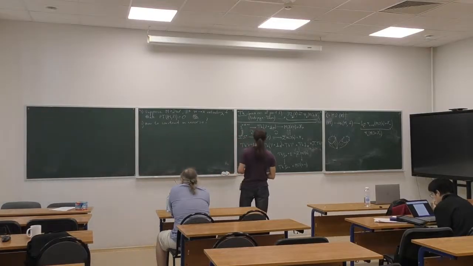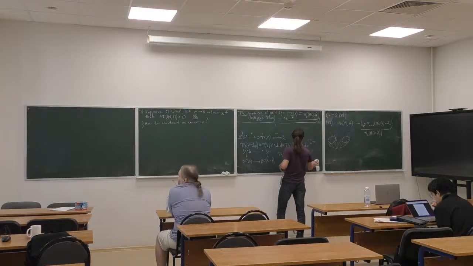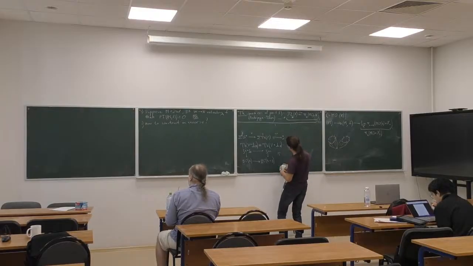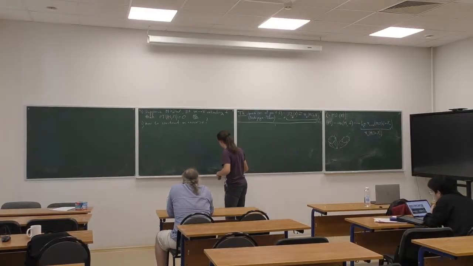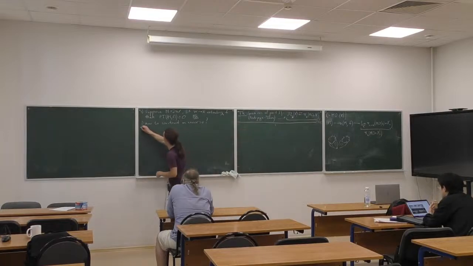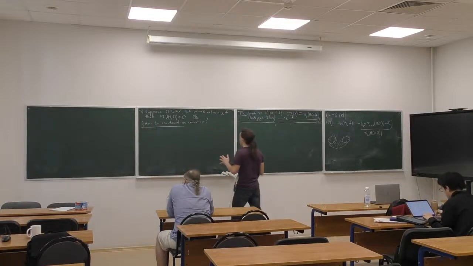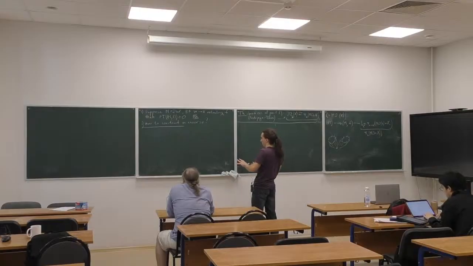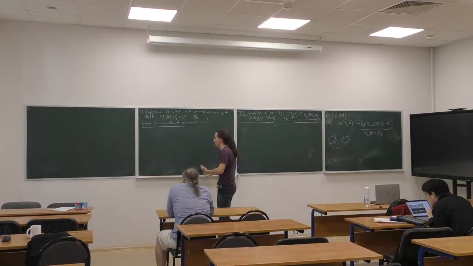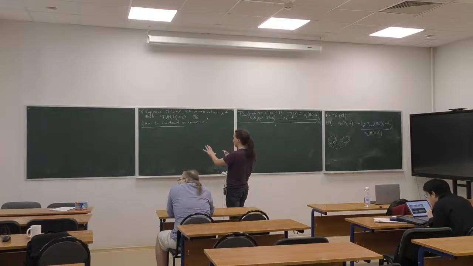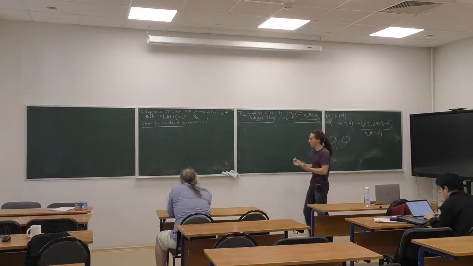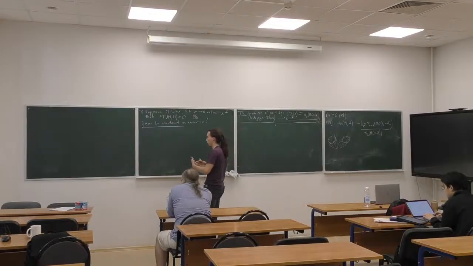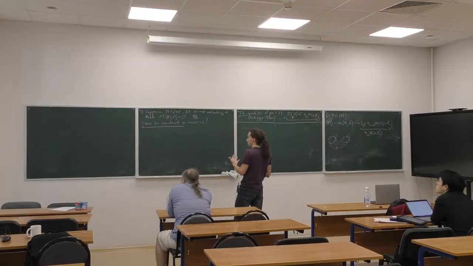We can also probably erase that and use this part of the board. I don't know. We probably won't need that much space. But who knows? Okay, so as usual, this will be a direct construction, but now we are given something. We are given a homotopy class, a map which is given only up to homotopy, and we have to construct a smooth manifold.